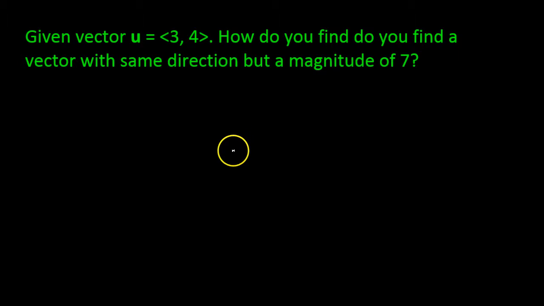So bear with me. First of all, let's get a few things straight. Vector u with components 3, 4. Imagine that if this is the initial point, it goes right 3 and up 4. Horizontal component 3 and then up 4 for the vertical component.